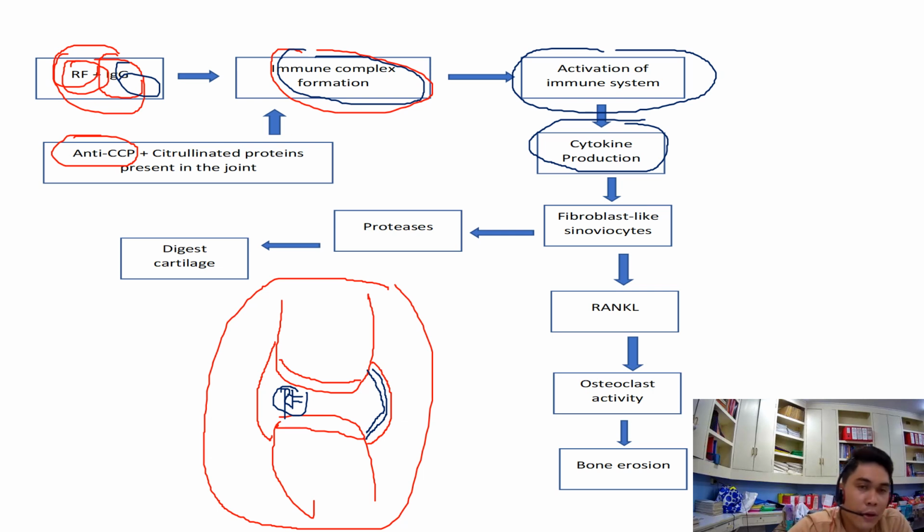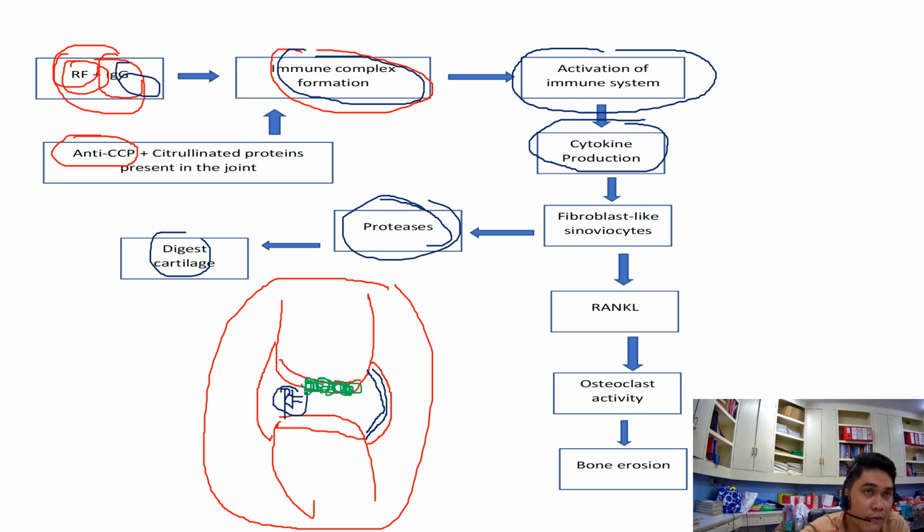Now, the problem with these fibroblast-like synoviocytes is that they produce proteases, and the function of proteases is to digest the cartilage. The proteases produced by fibroblast-like synoviocytes digest or cause damage to the cartilage, thus making the joint painful.